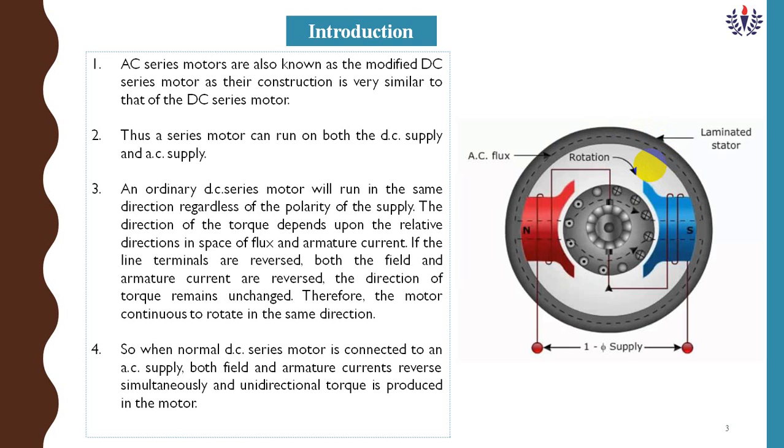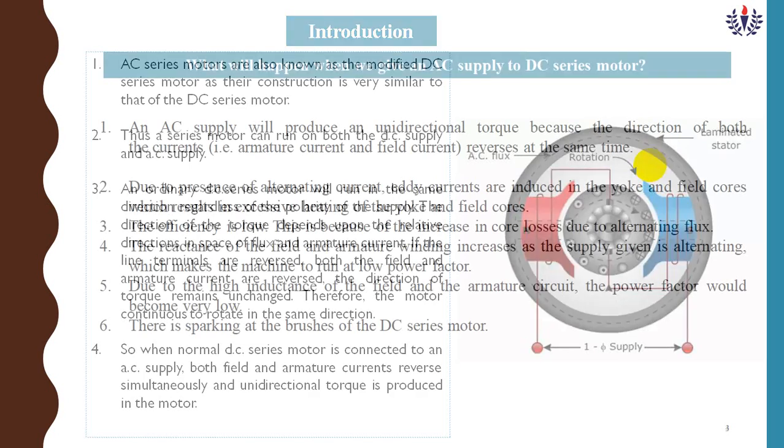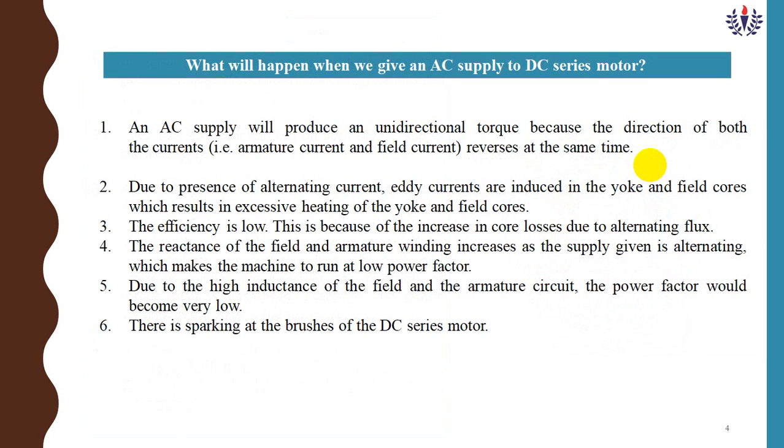Therefore, a unidirectional torque is produced in this motor. Unidirectional means the motor will run only in one direction, only forward, not in reverse at the same time.